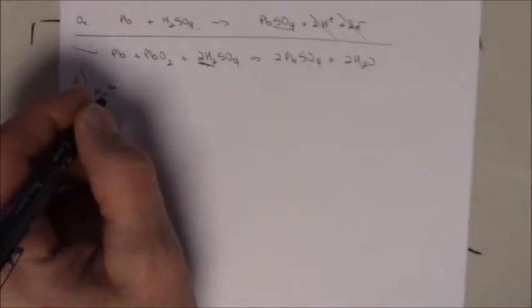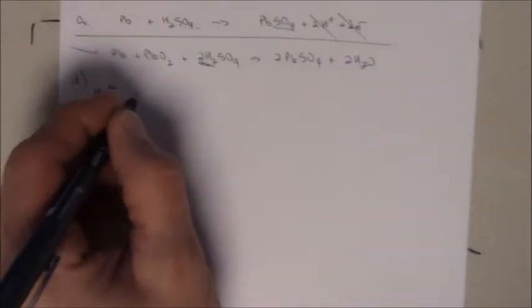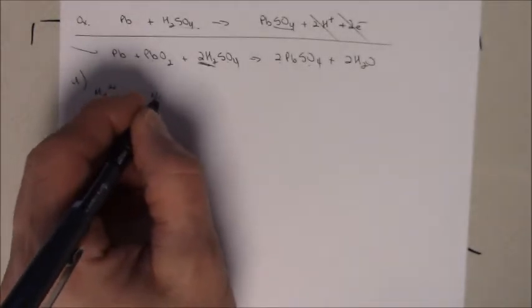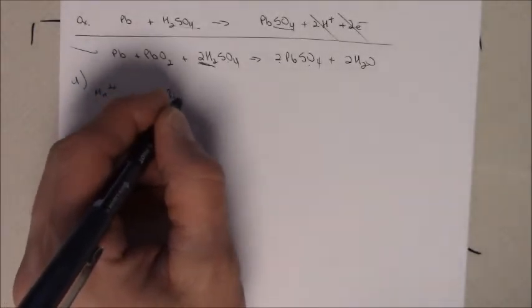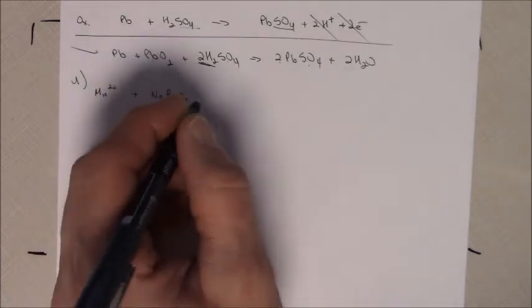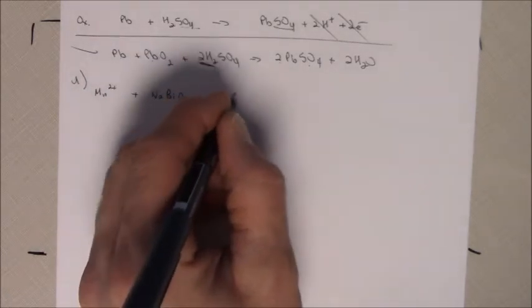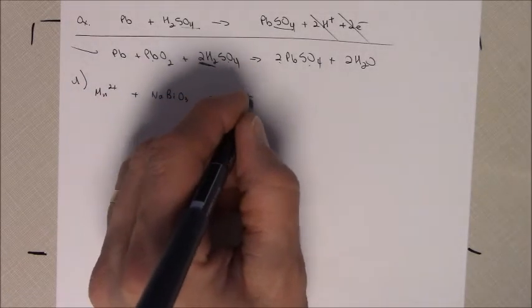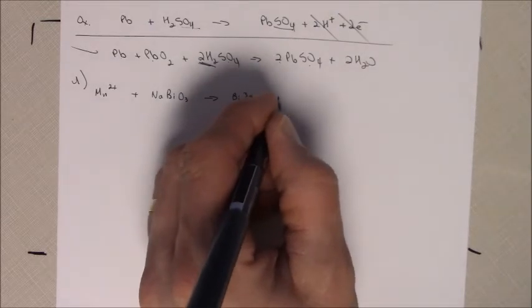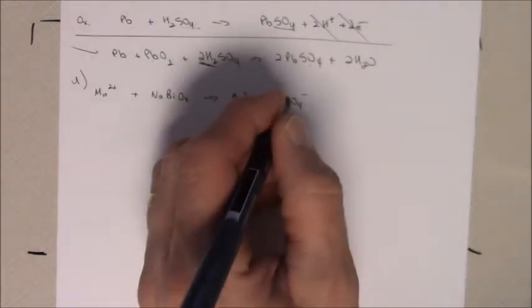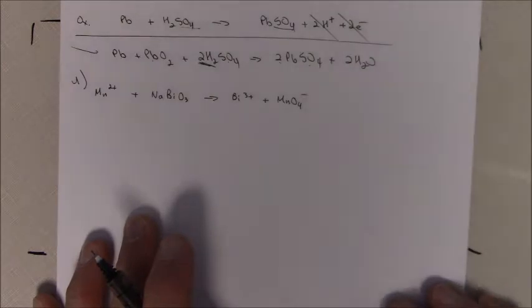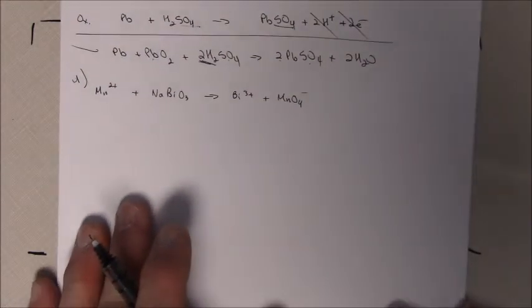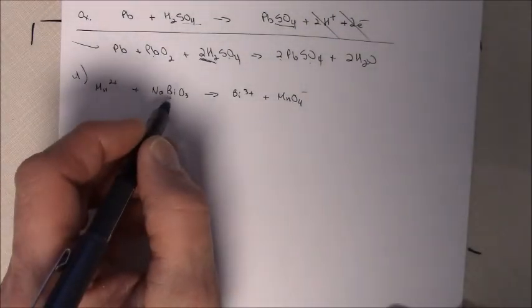So you've got manganese 2 plus, sodium BiO3 going to bismuth 3 plus, MnO4. If I copy that down right, this looks okay. So bismuth right here.